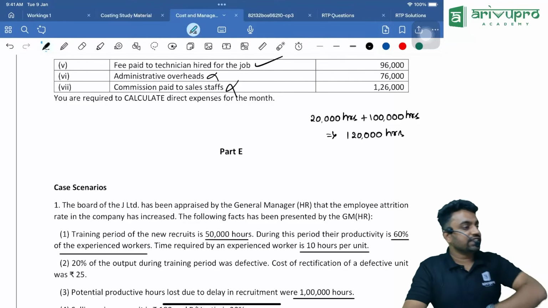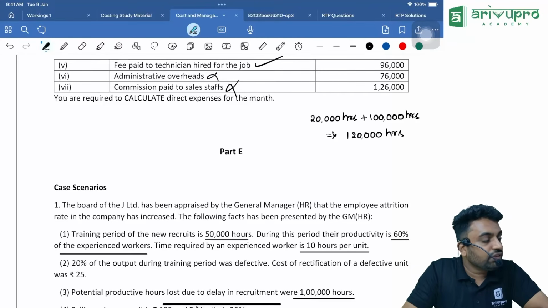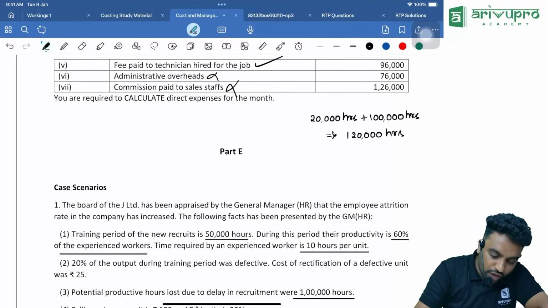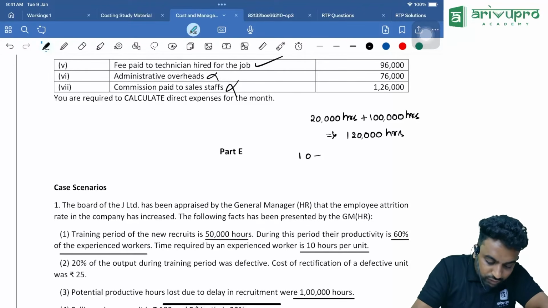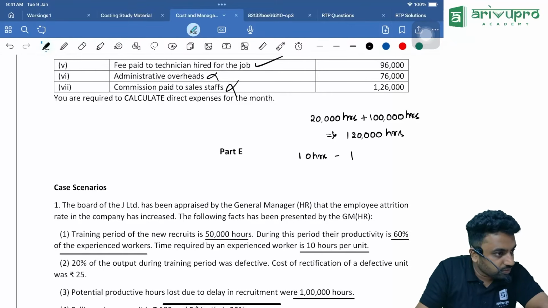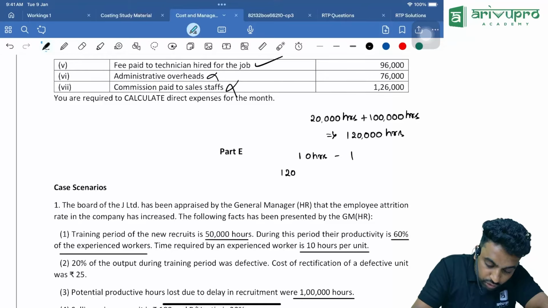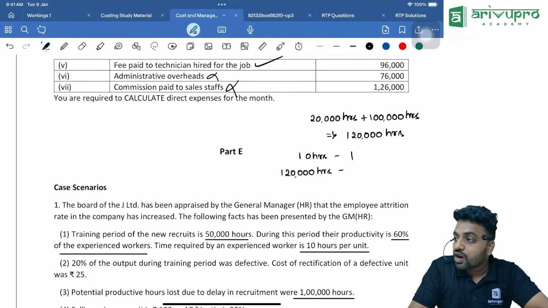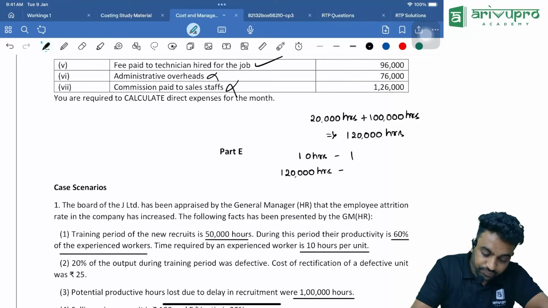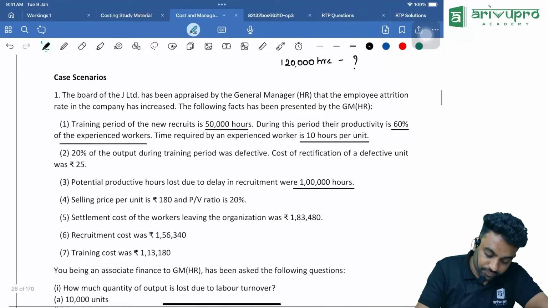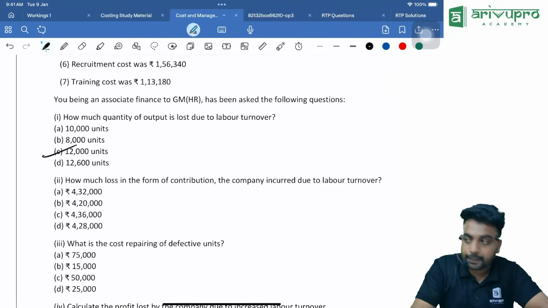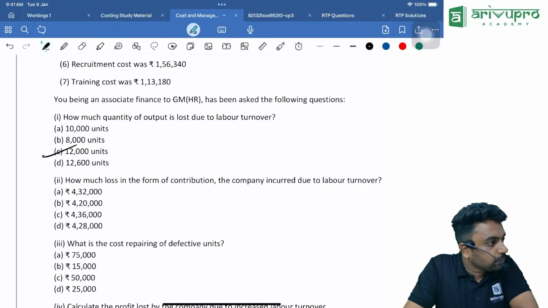Now my question is, as an experienced worker, in 120,000 hours, how many units would you have produced? To produce 1 unit, you would have taken 10 hours. If you didn't leave the organization, you would have got 120,000 hours. How many units would you have produced? Option? Clear?